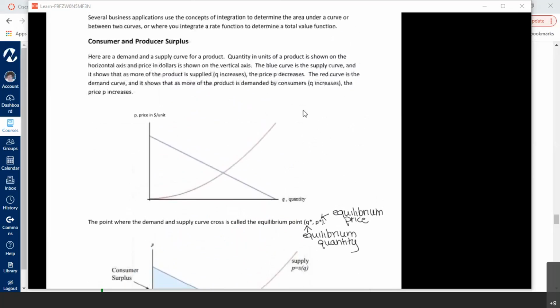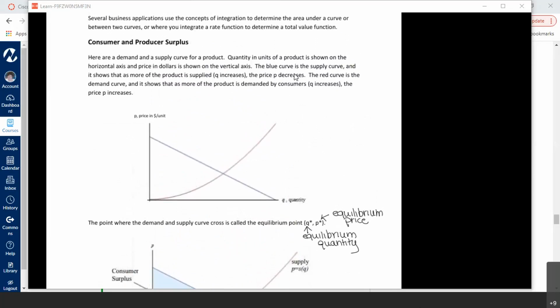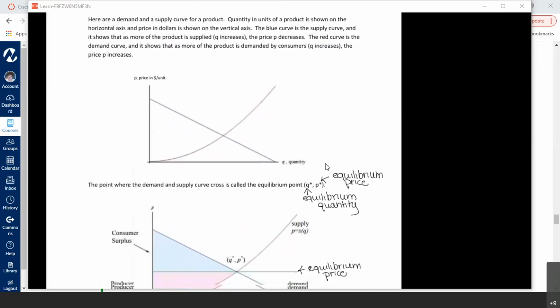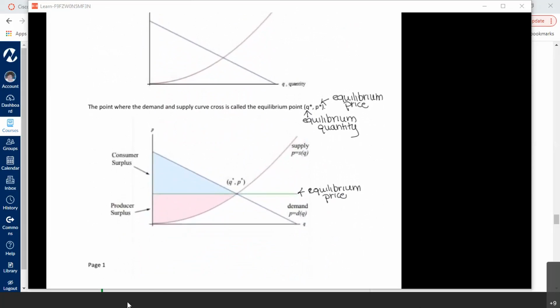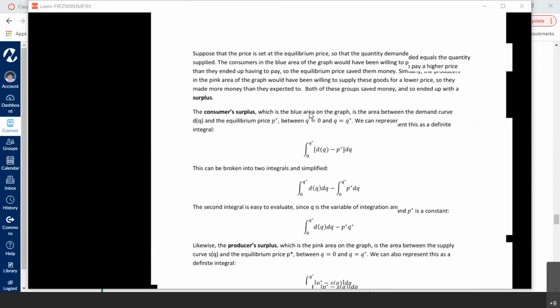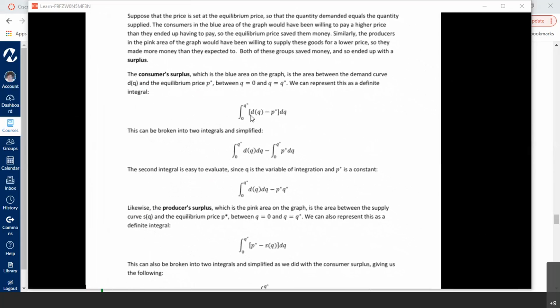Because if you think about it, when you're looking at supply and demand, you're going to have this relationship. So let's take a look over here. I want to find the difference between the demand curve and the equilibrium price.